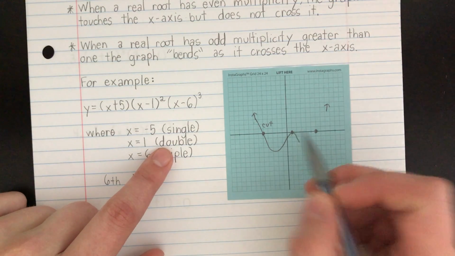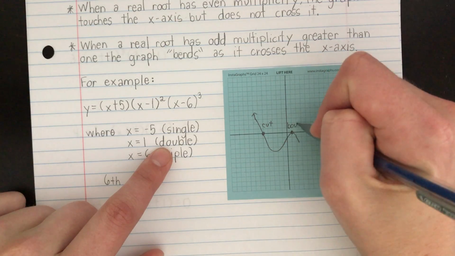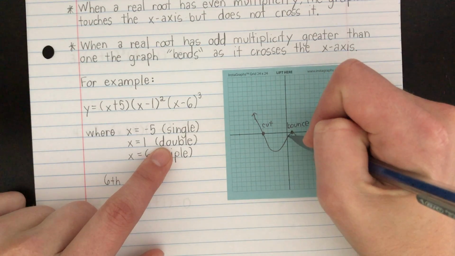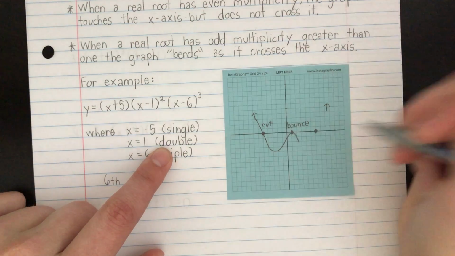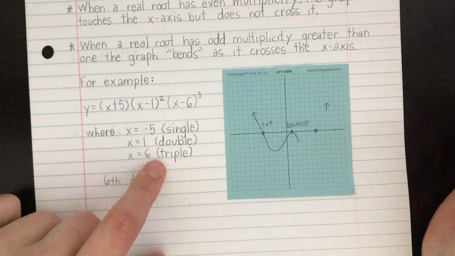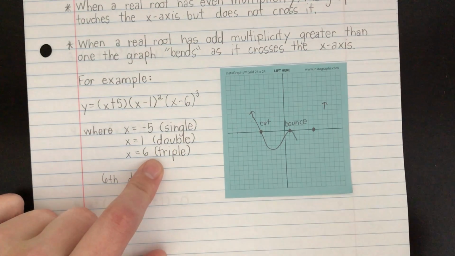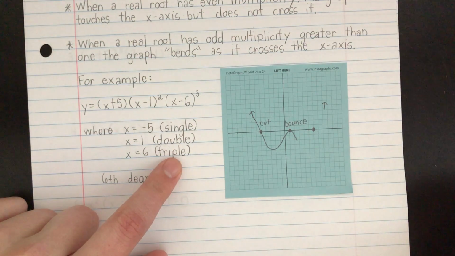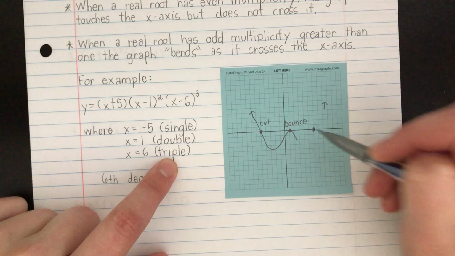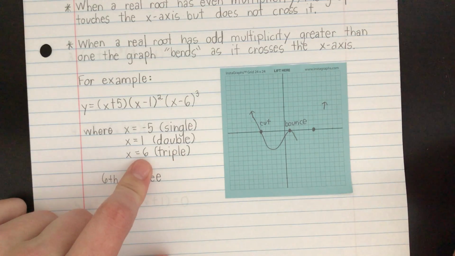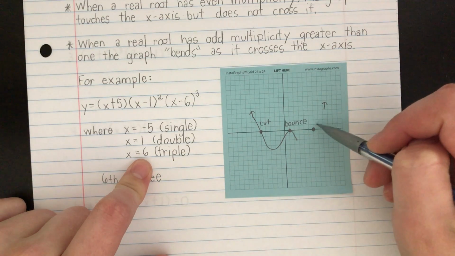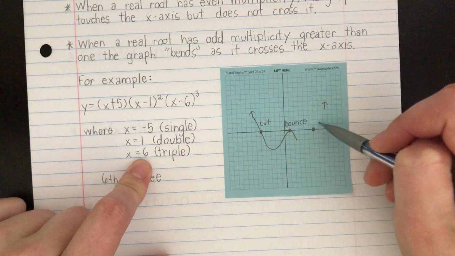Okay, so that's what a double looks like, and we call that a bounce because you hit the x-intercept and bounce right off. Okay, and last but not least, my last root is x equals 6. That's a triple. So since it's a triple, it will behave like a cubic graph when I pass through that x-intercept at 6. Remember that a cubic graph almost looks like, I call it a snake.